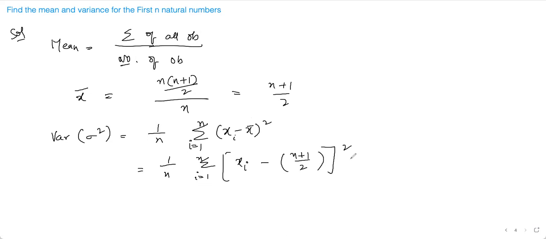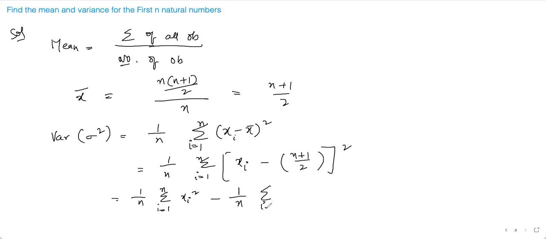Now further, this will be 1 by n summation i is equal to 1 to n, xi whole square minus 2ab, taking 1 by n common, and this is a minus b whole square.